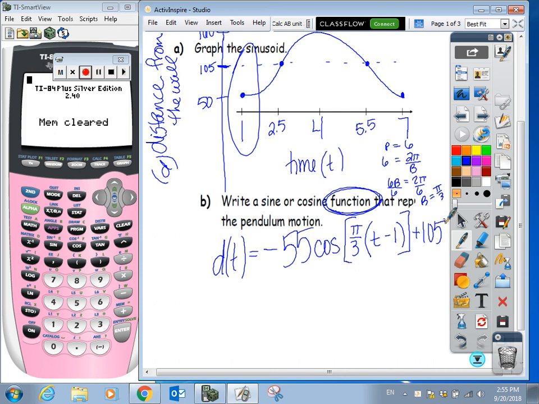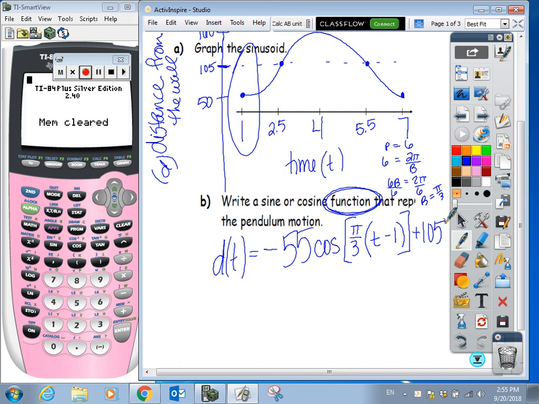Again, those brackets don't have to be there when you write it. Now, the calculator, that's a different story, but when you write it, you don't have to have that extra set of brackets around the t minus 1. Remember, if you don't like negative and you'd rather write it positive, start at 4. That'd be a positive cosine. So if this was t minus 4, your 55 would be positive.